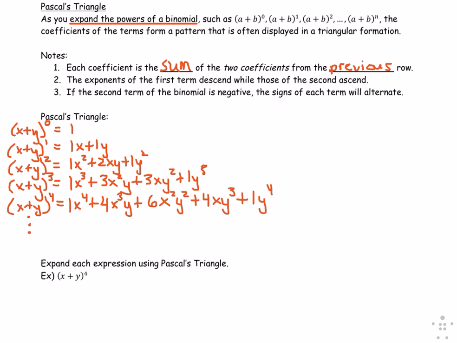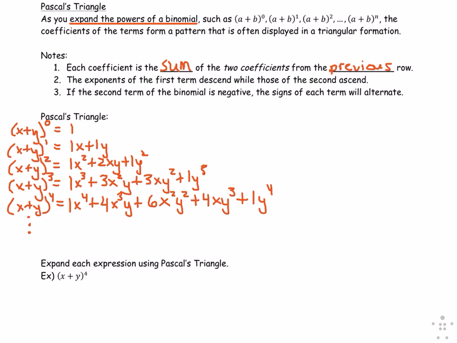And then the exponents of the first term descend while those of the second ascend. I'll talk about that through an example. And if the second term of the binomial is negative, like let's say that was a negative, because of how powers work with negative bases, the signs of each term will alternate. So you'll pick up those shortcuts as we go.